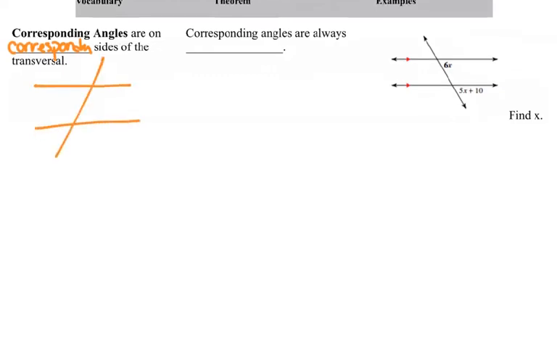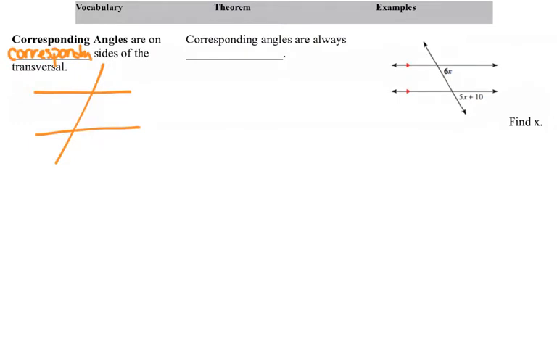Here is a transversal. 1 and 2, they correspond to each other because they're both the exact same angle, just kind of moved down. So those are corresponding. 3 and 4, they're the exact same angle, just kind of shifted. 5 and 6, they're both the same angle, just shifted. And 7 and 8, both the same angle, just shifted.